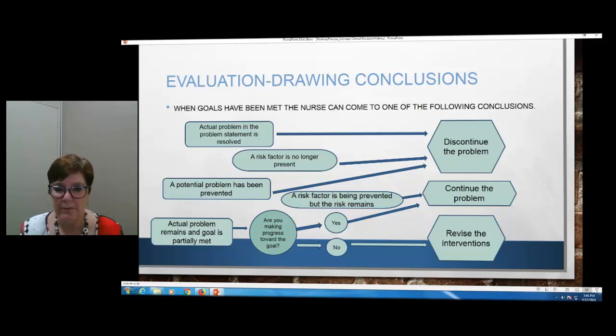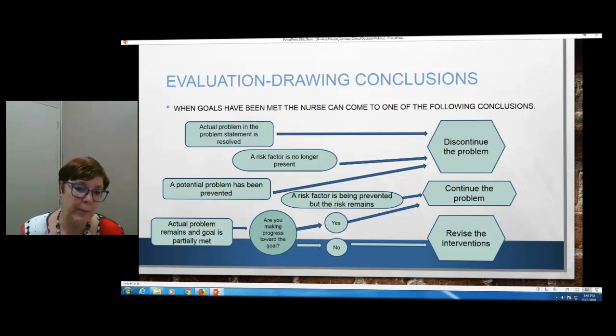We still want them to cough effectively. We still want them to drink a lot of fluid. So our fever is down, our lungs are clearing, but the actual problem is still there. Our goal is partially met. So we are making progress toward our goal. So we're going to continue that problem.